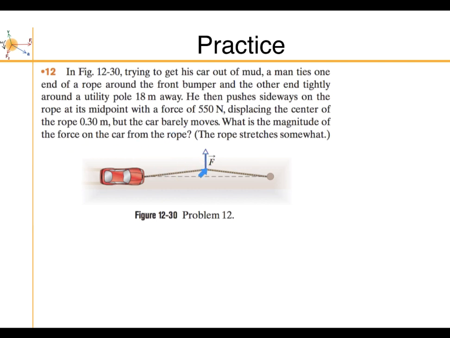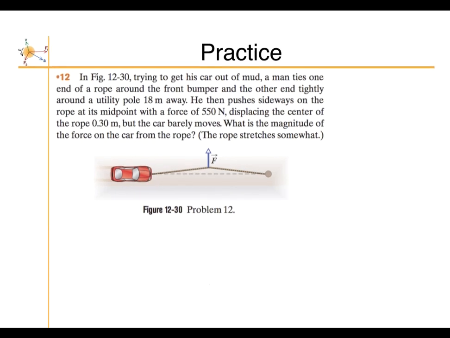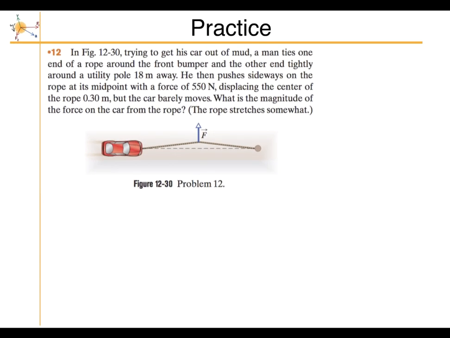In other words, he's pulling up here, and that's going to cause a tension, right, that the rope is pulling on the car. So if we look at that one point, he's got some force upwards here, and there's going to be a tension this way, and we'll assume the same tension that way, like this. And it's asking us to find the tension of that rope.